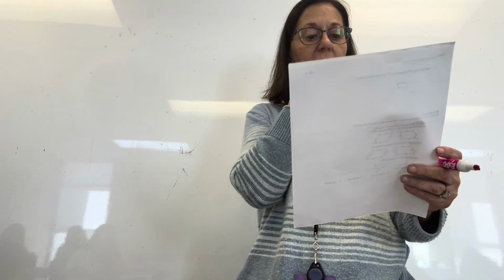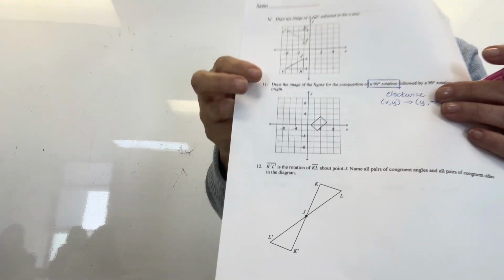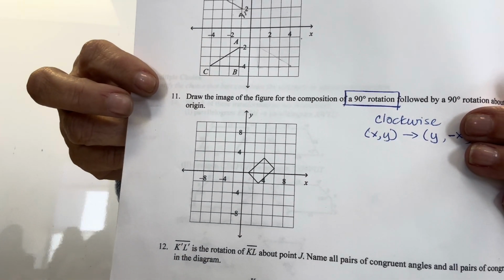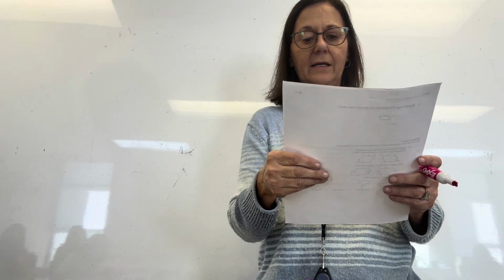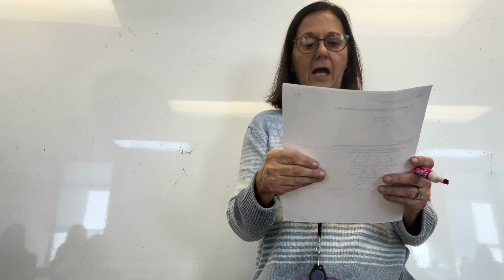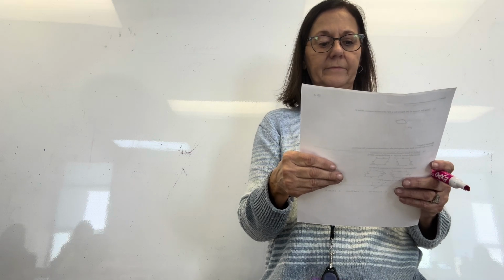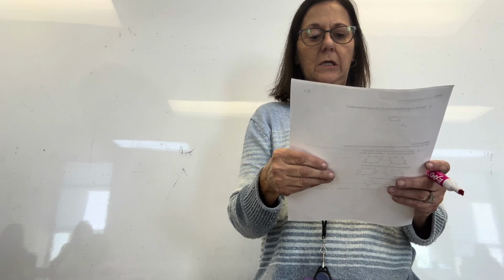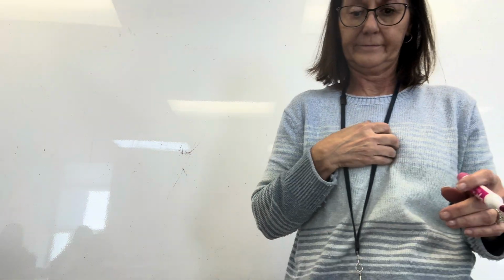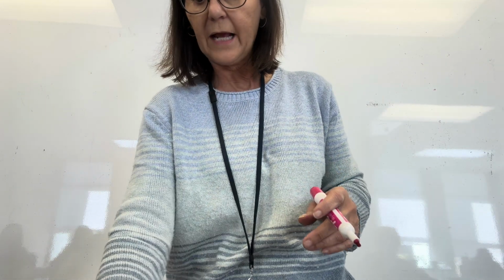All right. Now, you have what appears to be a rectangle. And I want you to rotate it clockwise 90 degrees about the origin. I only want you to do 90 degrees about the origin. So rotate it clockwise 90 degrees about the origin.